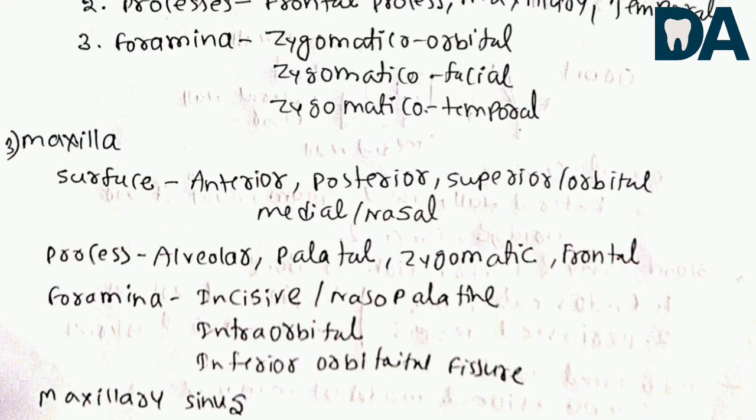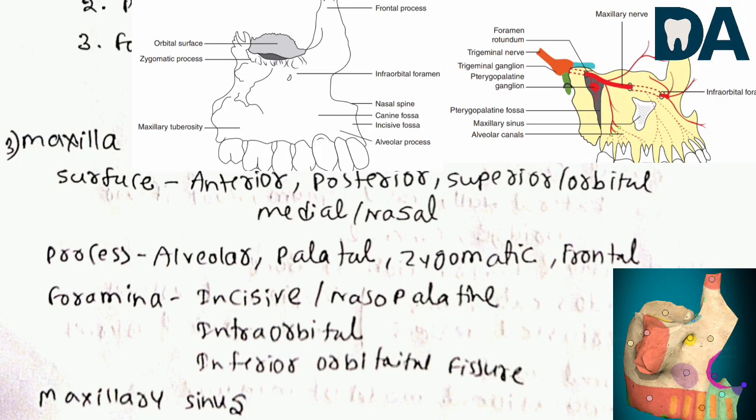Next one is the maxilla, important bones. They are called the upper jaw. Maxillae are paired bones which contribute to the formation of the upper face, orbital floor, lateral wall of the nasal cavity, floor of the nasal cavity, roof of the oral cavity.